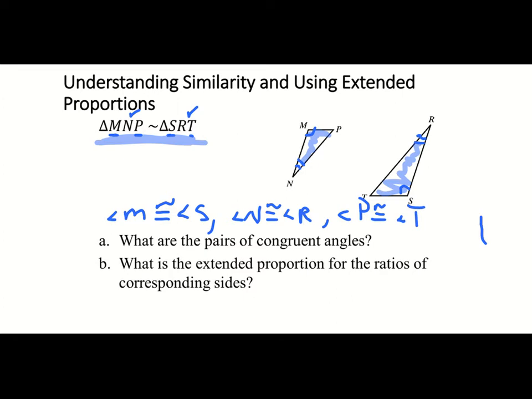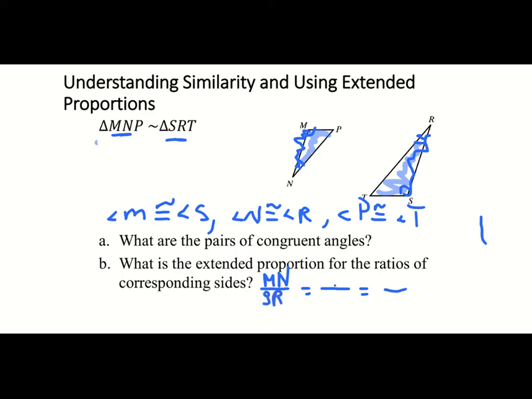Now, the extended proportion for the ratio of corresponding sides. Here we have 3 sides, so we're going to have 3 ratios. Using my letters to help us out here, I know that side MN is going to correspond to side SR. So I can say MN is in proportion to SR. It's not equal, but it's in proportion.